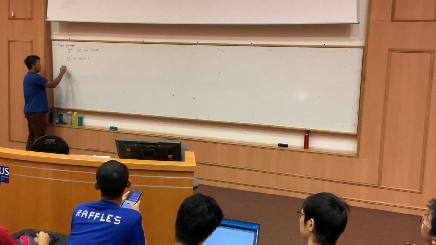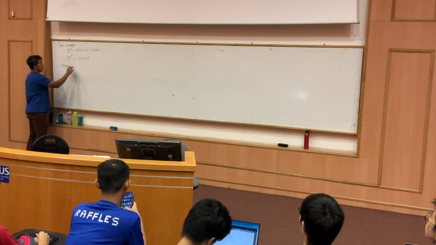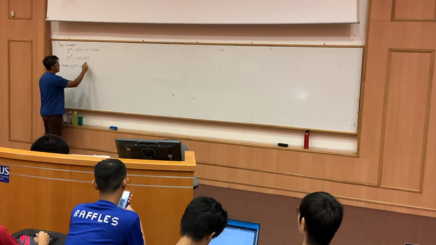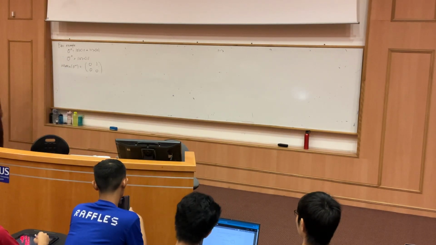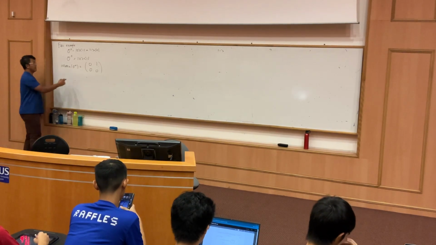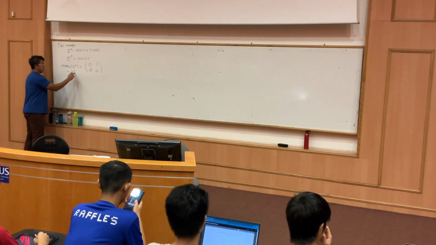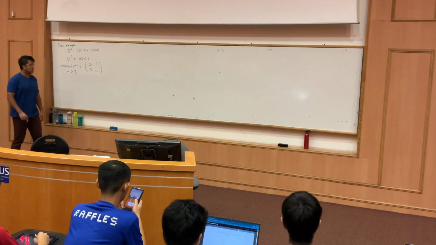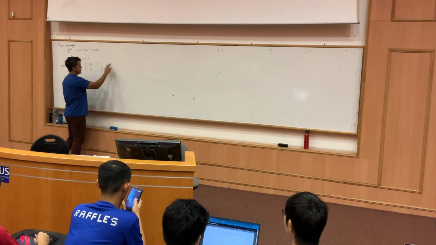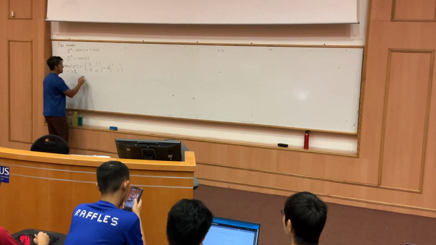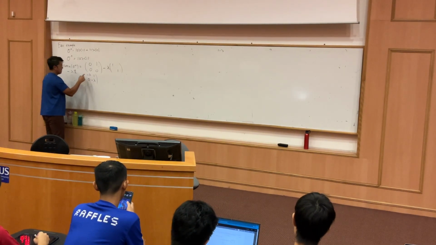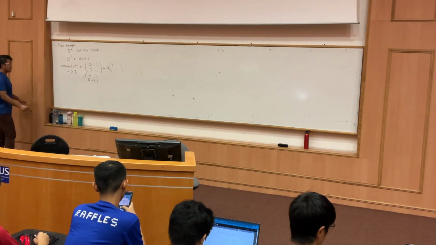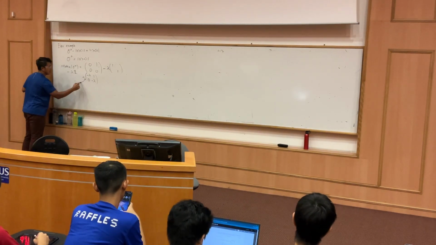So the matrix form of sigma plus is equals to 0, 1, 0, 0. Now if I subtract off the multiple of the identity, I will get minus lambda 1, 0, minus lambda.